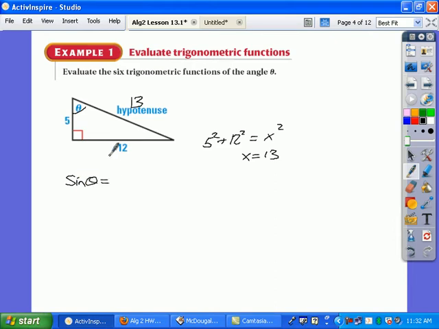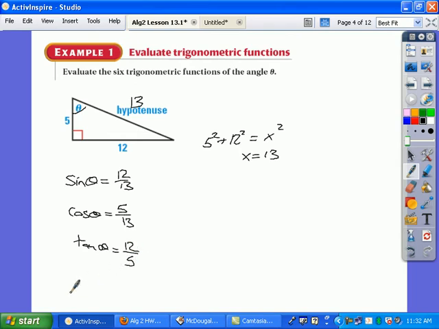So opposite, 12 over hypotenuse, 13. Cosine theta equals adjacent over hypotenuse. So 5 over 13. And tangent of theta equals opposite over adjacent. So 12 over 5. Okay, so those are our basic three trig functions.